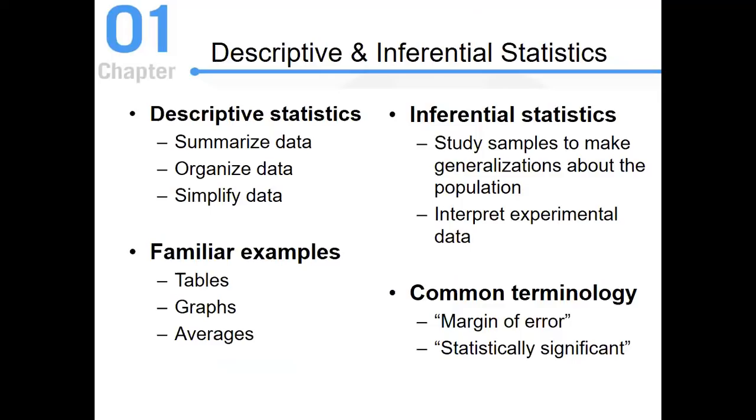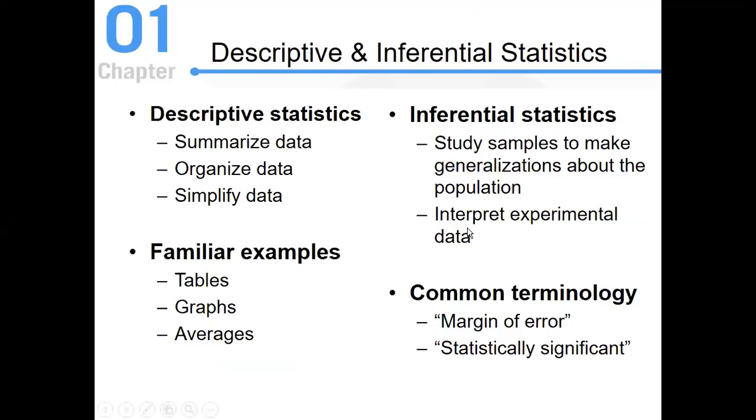These are used very often to interpret experimental data. And this is where you see terminology like the margin of error or the data is statistically significant. We can be confident that this treatment or this drug would be effective for all of the individuals diagnosed with this kind of cancer or for all individuals diagnosed with autism, etc.